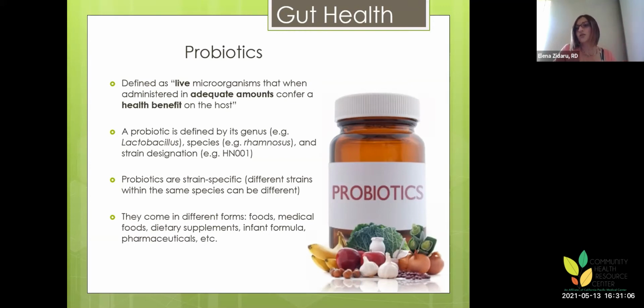The strain designation is usually a random number with letters at the end. So in this case, HN001. It's very important because there might be another Lactobacillus rhamnosus that is not HN001. It's a different strain that will affect your health in a different way. So they're very specific to the strain designation.